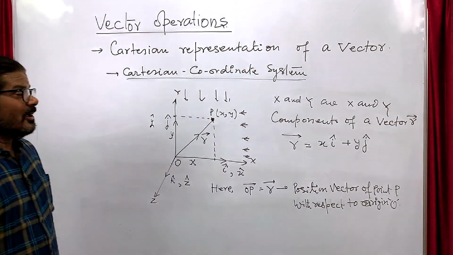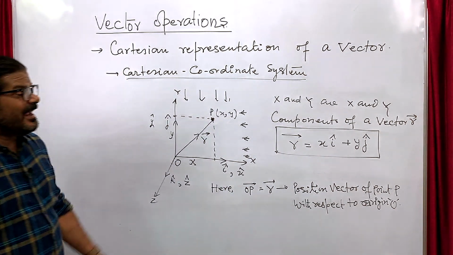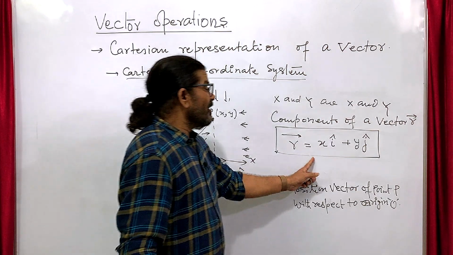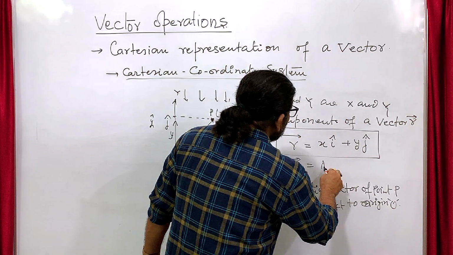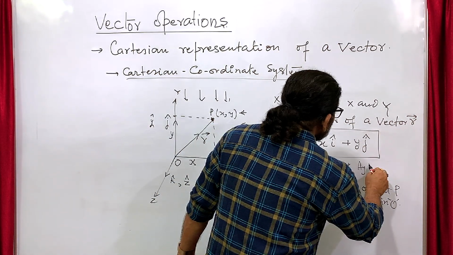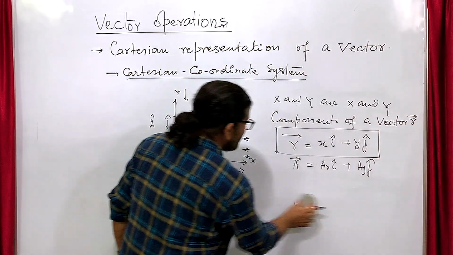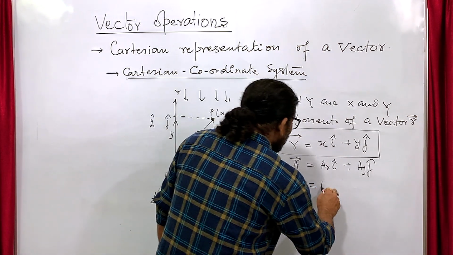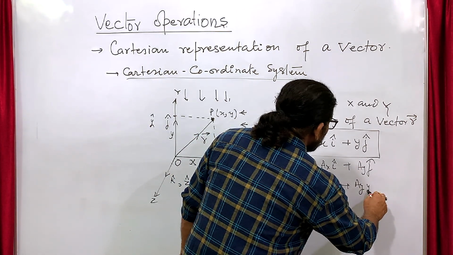So this is how we can represent a planar vector, or a vector in 2D. Suppose we define a vector a equal to ax i cap plus ay j cap, or this can also be written as vector a equal to ax x cap plus ay y cap.